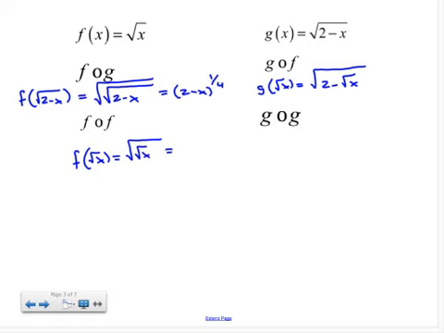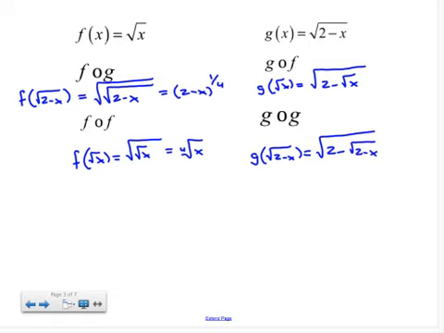Again, you could simplify this, if you like, to be either x to the 1/4 or the 4th root of x. g of g would be g of the square root of 2 minus x, which means take your function g, and everywhere you see an x, you replace it with a square root of 2 minus x.